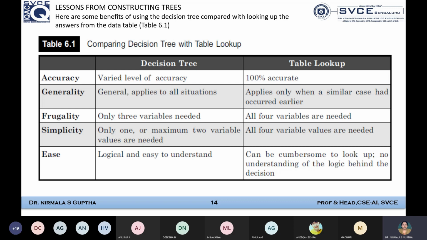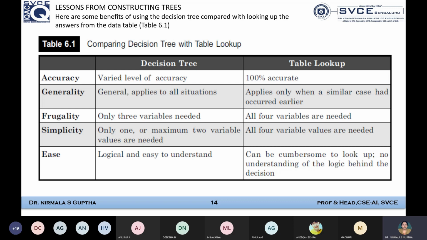We stopped after the outlook overcast. Yes, it is 4,0, correct? So that also defines a stopping condition. No further divisions or sub-branches will be derived for the overcast. But for sunny and rainy, there was a possibility to go ahead for another two levels of data.